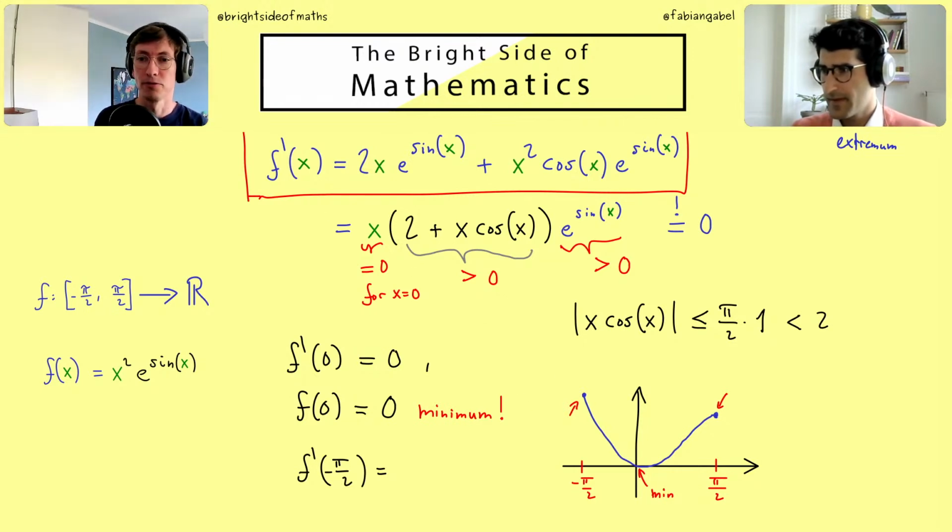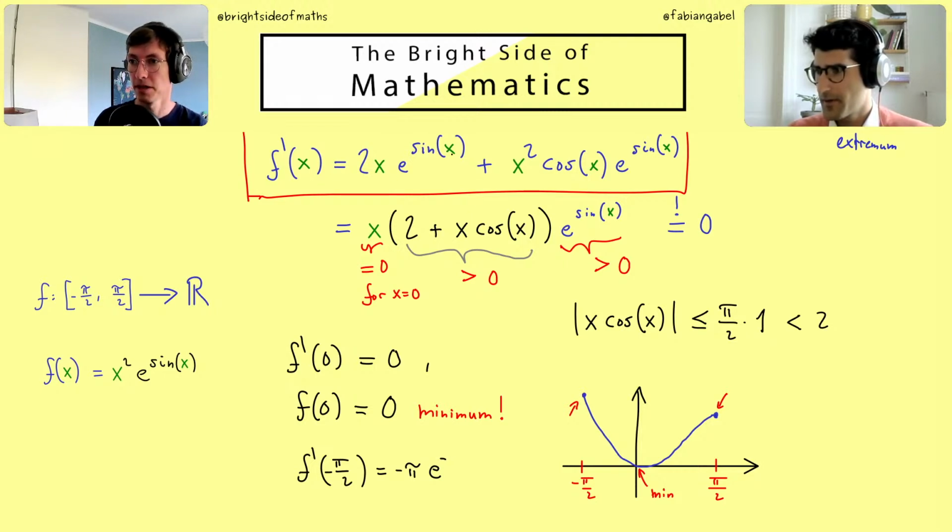Okay, now the derivative, we put it in. Should I write it down? Maybe. We have the first term here, which is minus pi, because we divide the 2, and then we have e to the power sine of minus pi half, which is e to the power minus 1.